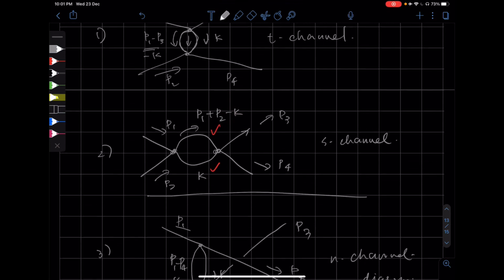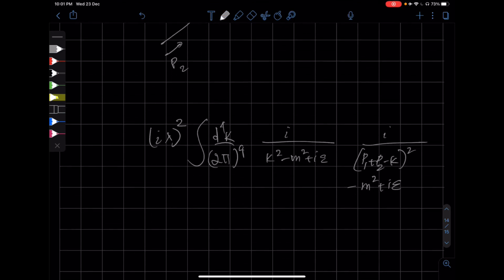And then we see that this diagram has a symmetry factor of 2. So we divide by the symmetry factor, so we get a half here. So this is going to be the amplitude that is coming from the S diagram.